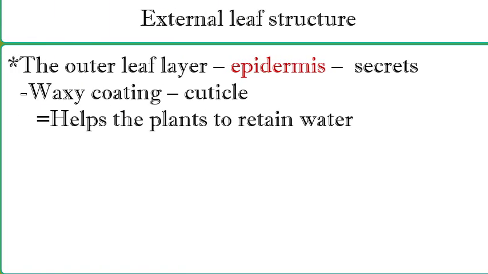Let us see the external leaf structure. The outer leaf layer, what we call the epidermis, secretes the waxy cuticle. The waxy coating cuticle is a protective layer found on the surface of leaves, stems, and other aerial parts of plants.